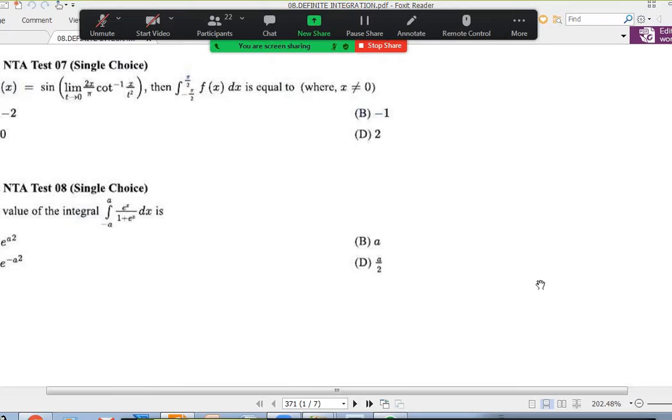And then they want the integral from minus pi by 2 to pi by 2 of f of x.